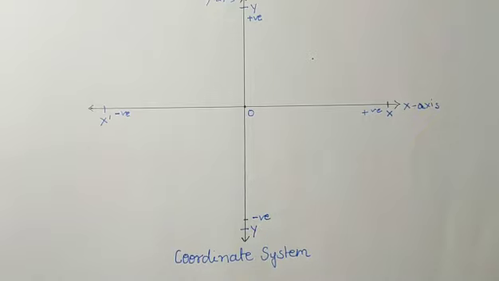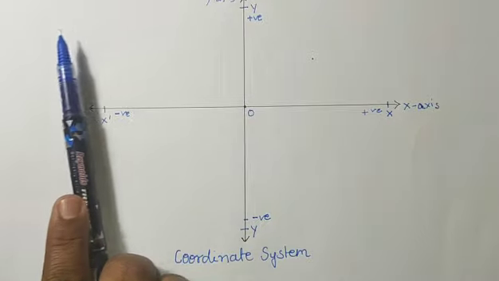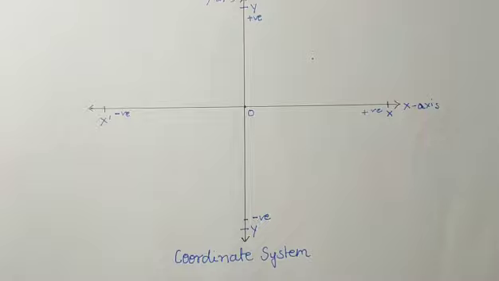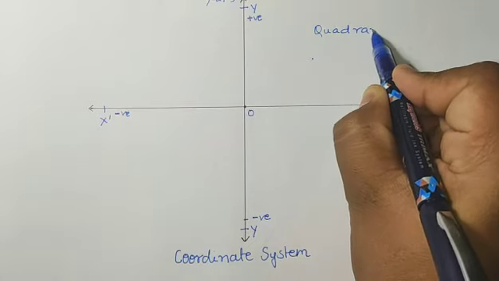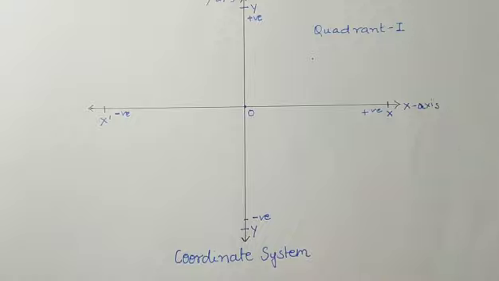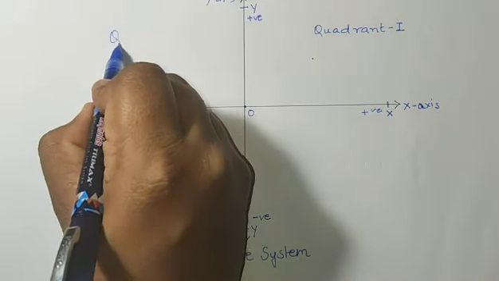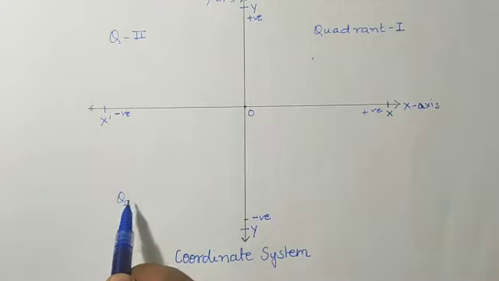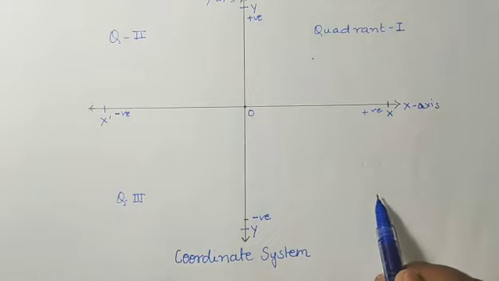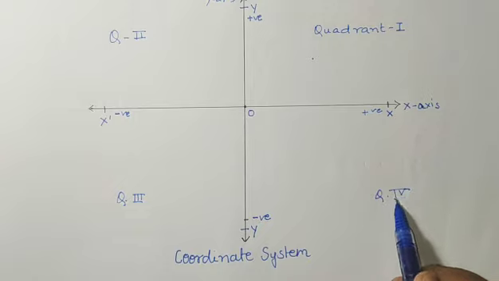Because of these two perpendicular lines, the plane is divided into 4 parts, and these parts are called quadrants. This is quadrant first, this is quadrant second, this is quadrant third, and this is quadrant 4.